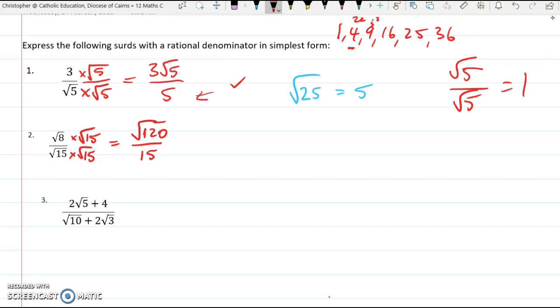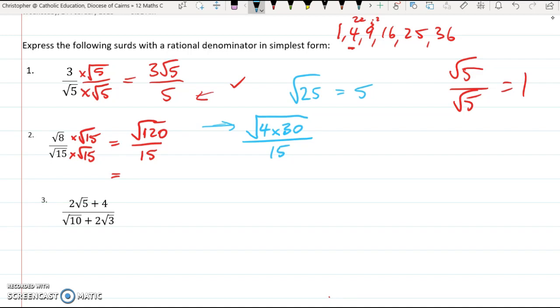Okay, so if we want to simplify that, I'm going to show you over to the side here what we kind of think. We don't usually write it at this stage. 4 times by what gives 120? Well, 4 times 30 gives 120, and we're still over 15. So that's the equivalent of what we had there.